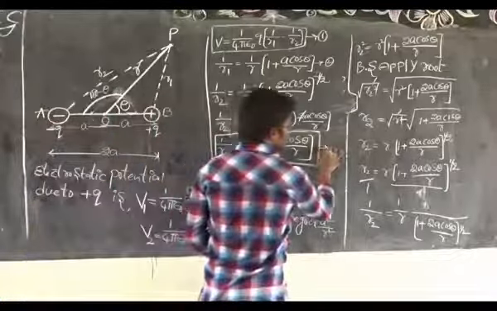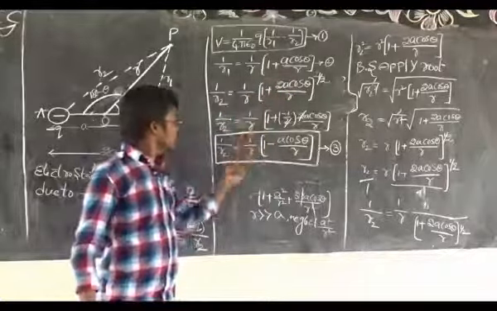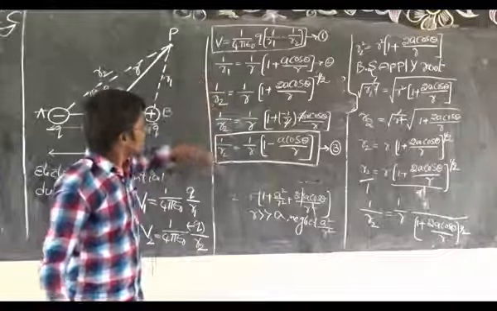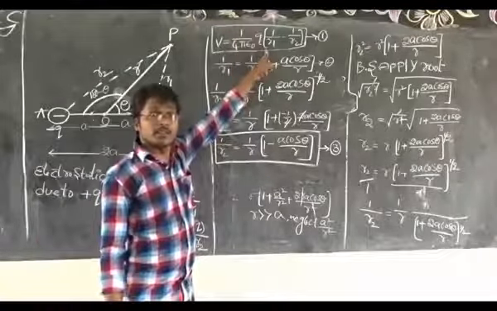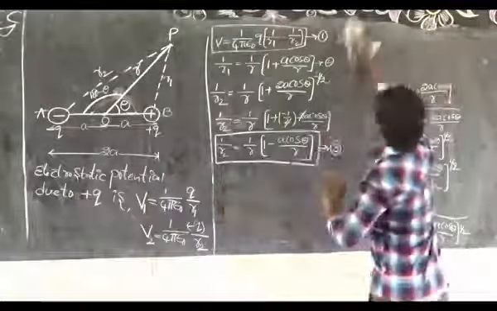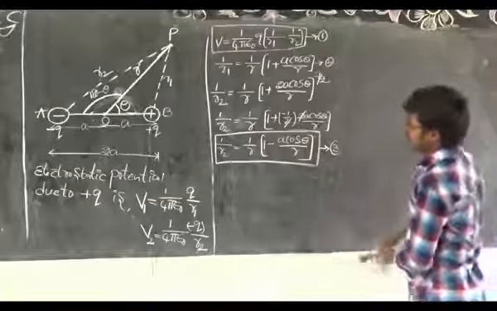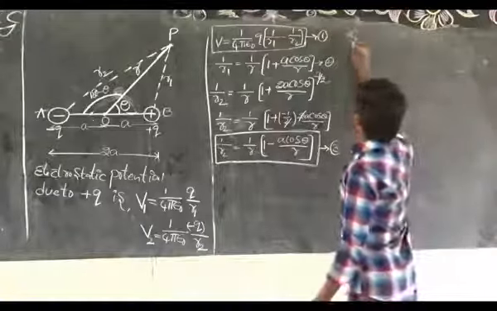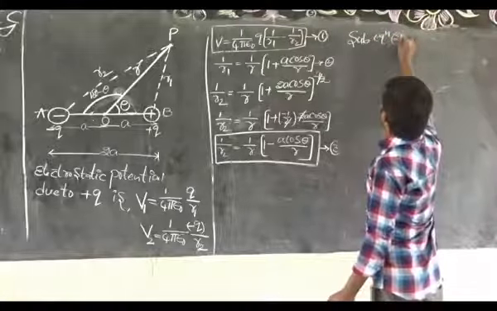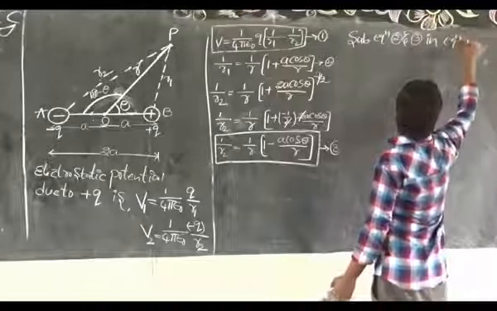Now equation 3. This is the 1 by R1 value and this is the 1 by R2 value. Please take this 1 by R2 and this 1 by R1 and substitute equations 2 and 3 in equation 1.